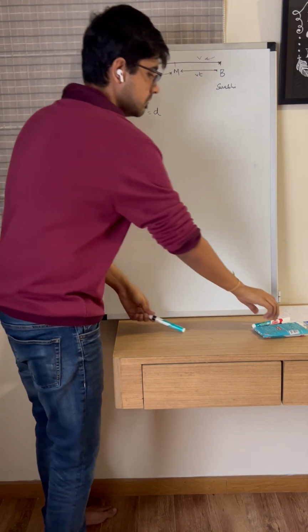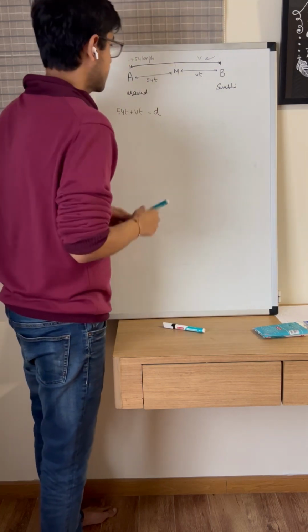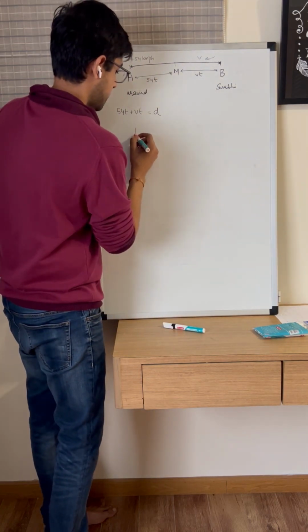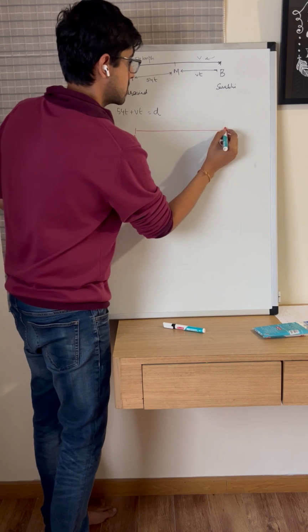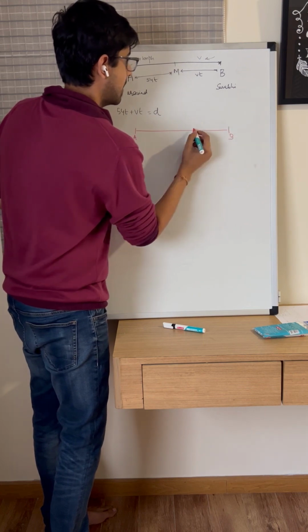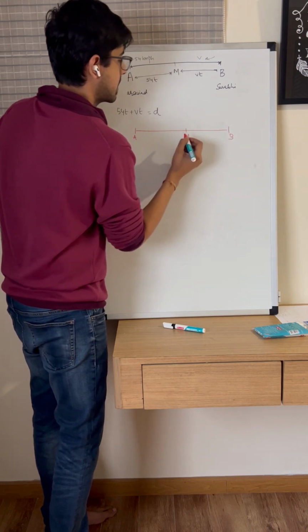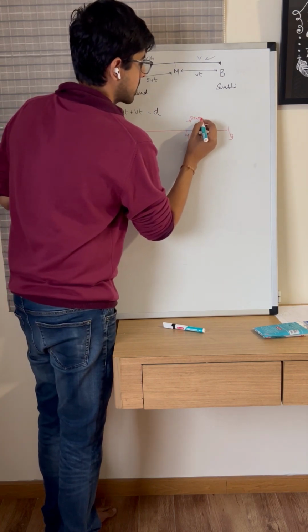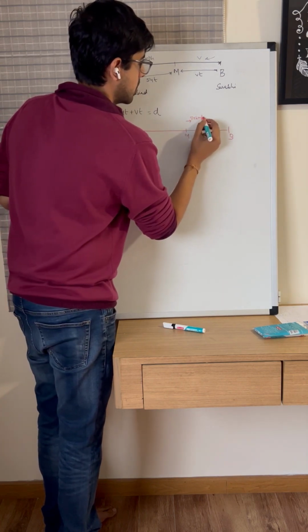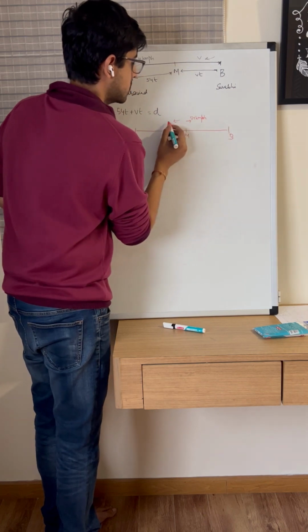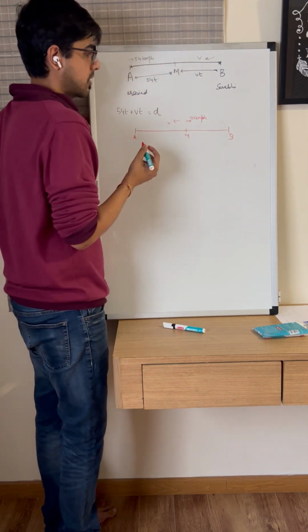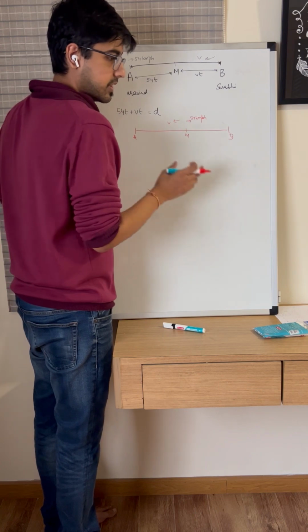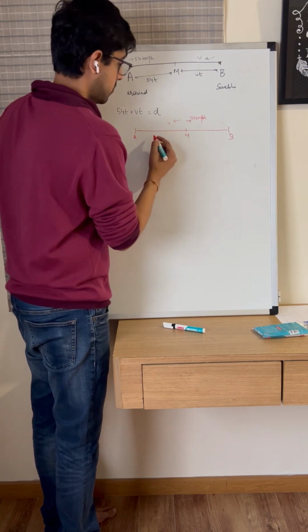Now, after they met, the points A and B don't change. After they met at M, Arvind continues at 54 kilometers per hour and Surabhi continues at V kilometers per hour. It is given that Surabhi took 24 hours.